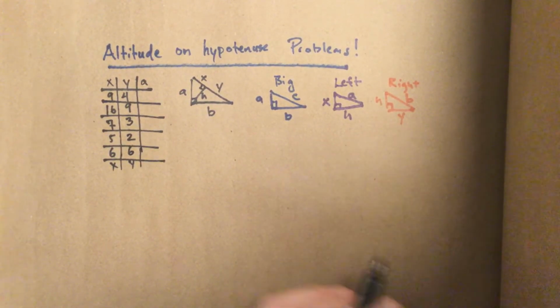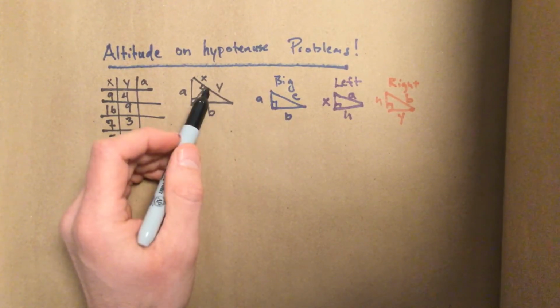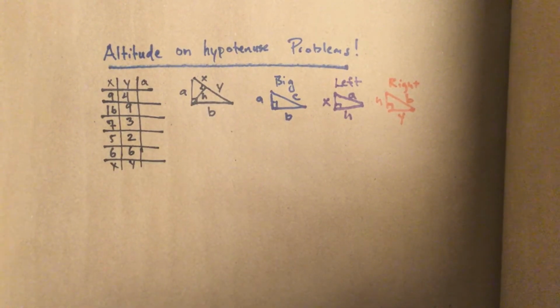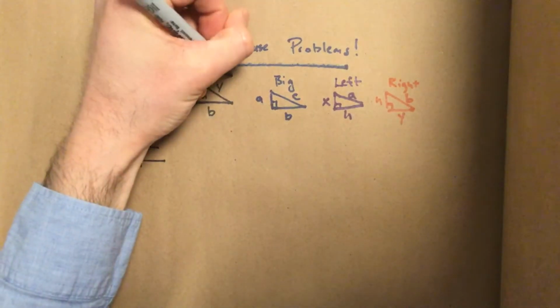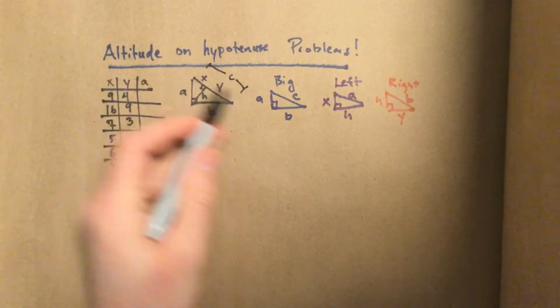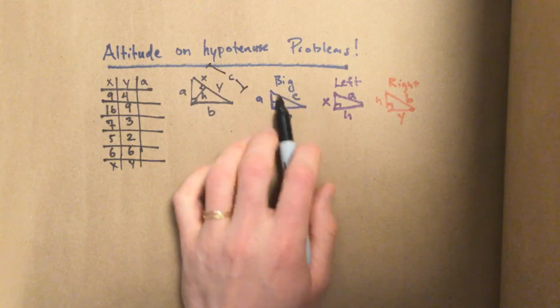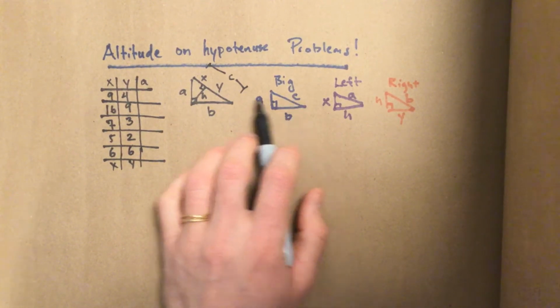But I know that in my big triangle, c is just x plus y, isn't it? c is x plus y. So I know that included in my c, I have a y value.